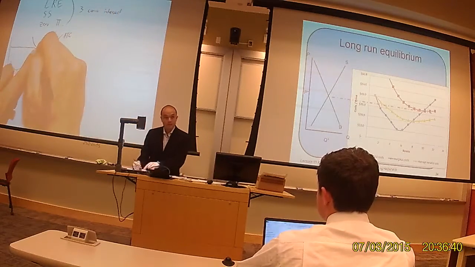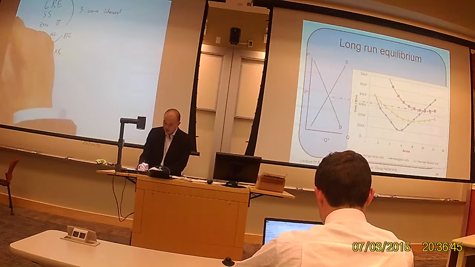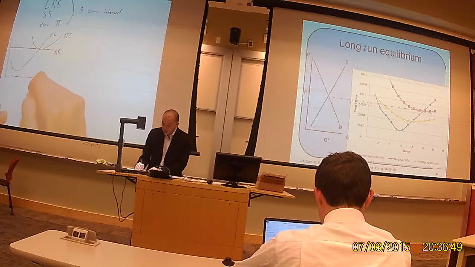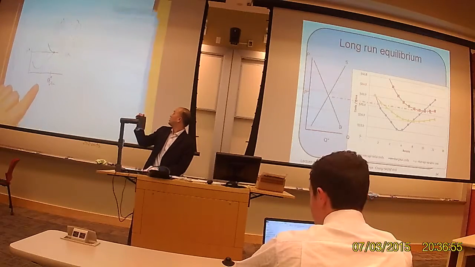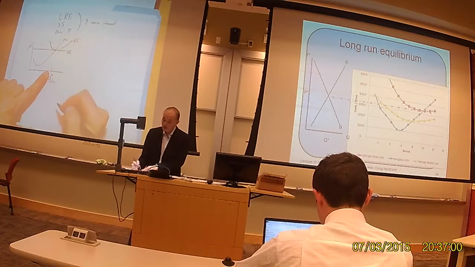So what's the revenue going to be? The revenue is going to be the price we're getting to sell at times the quantity, a little q. This is for the firm. Each firm is going to profit maximize by producing this quantity.